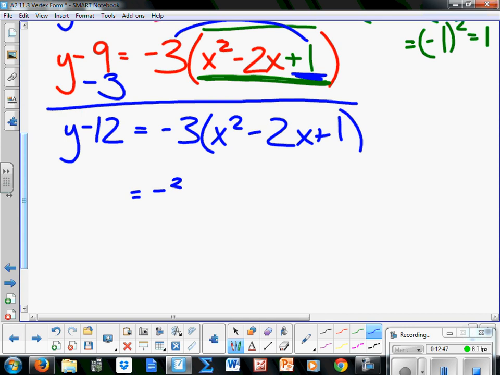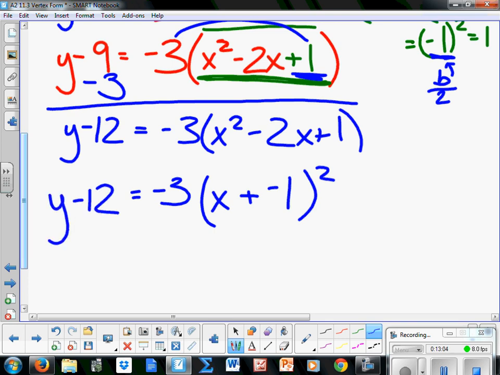Just like completing the square, we've got x plus something squared. That something is going to be b over 2. We already know that b over 2 from up here is -1. So I'm going to add -1 inside the parentheses there to factor.